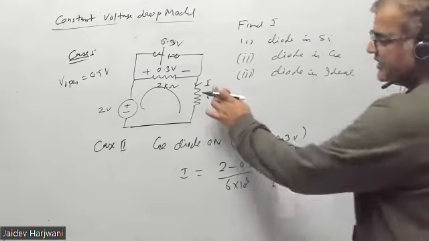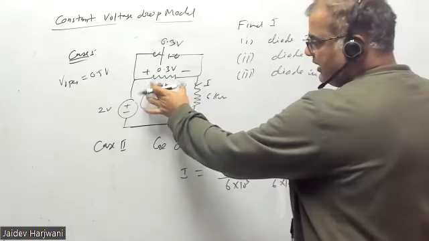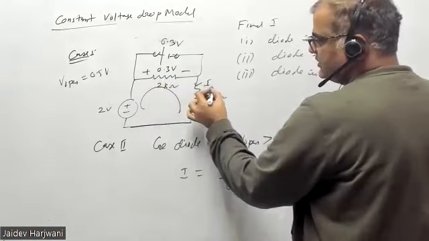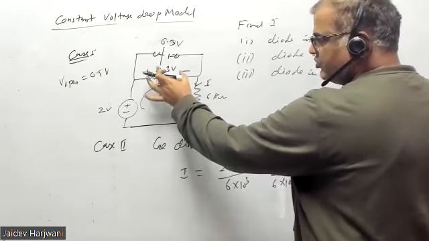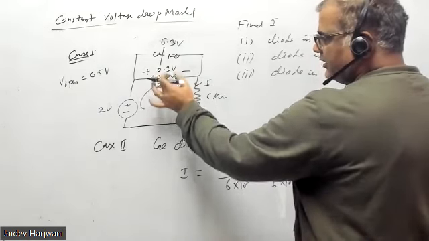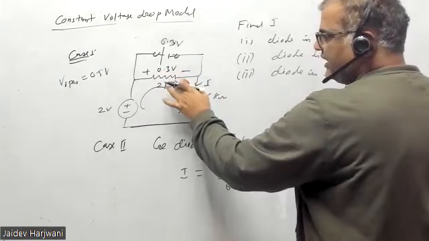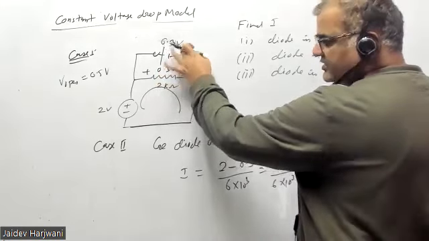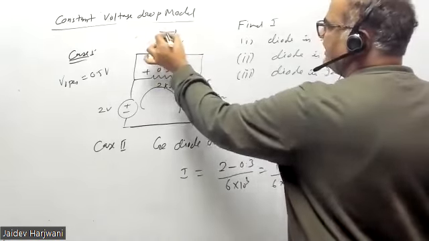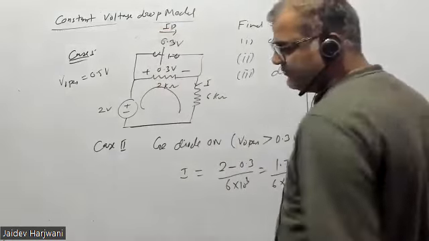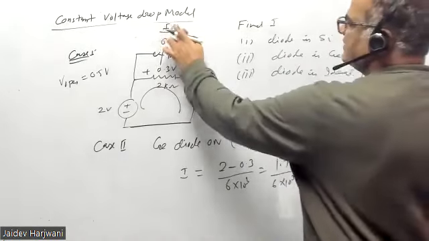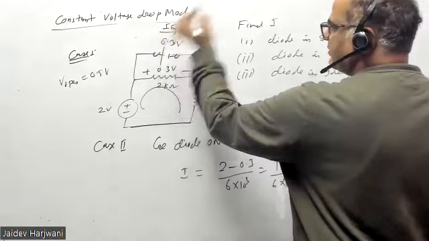So this is this I. You can find I here also, because you know voltage, you know resistance. So you know this I, you know this I. You can also find how much I D is flowing. Find I D also in this case. How much is I germanium? Find I germanium.